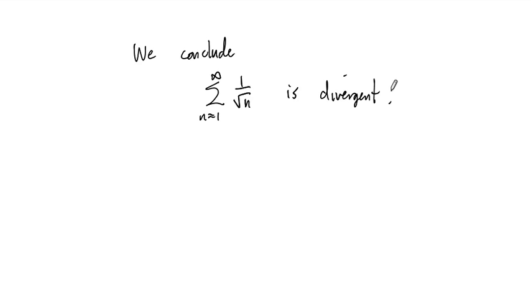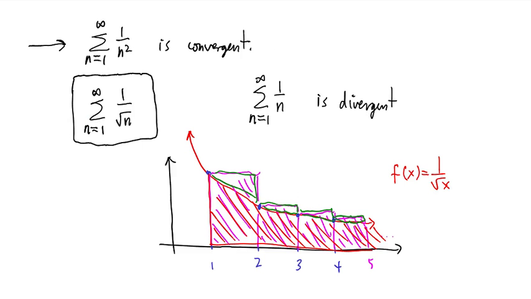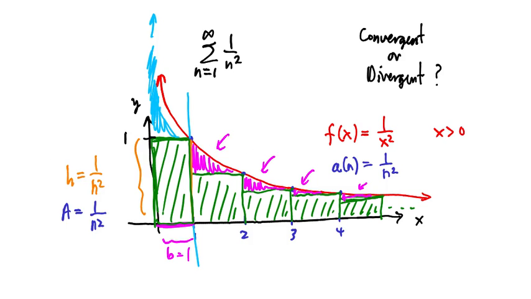Okay? And so if you take these last two videos together, in the first video, that was the sum of 1 over n squared. We bounded the areas below the curve, and we were able to think of the series as a sum of areas that are all bounded above by the improper integral, and this improper integral converged.